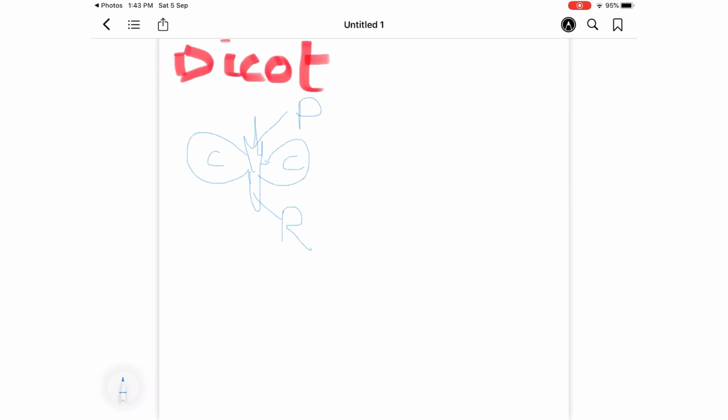Now similarly for monocot seed, the best example is maize. You are familiar with maize, it is a cereal crop and it looks like this. At the lower part, when you see the maize seed, it has a ridge like structure, a white patch like structure.